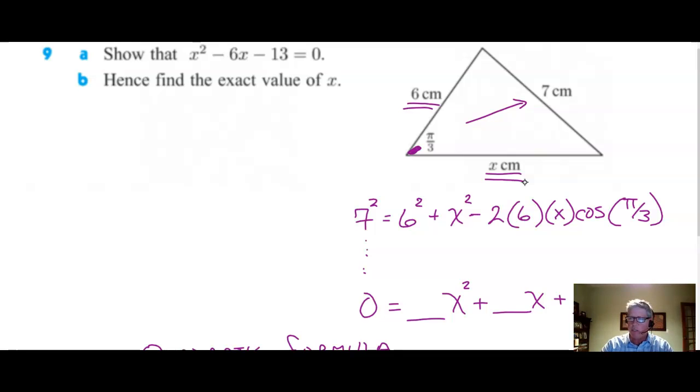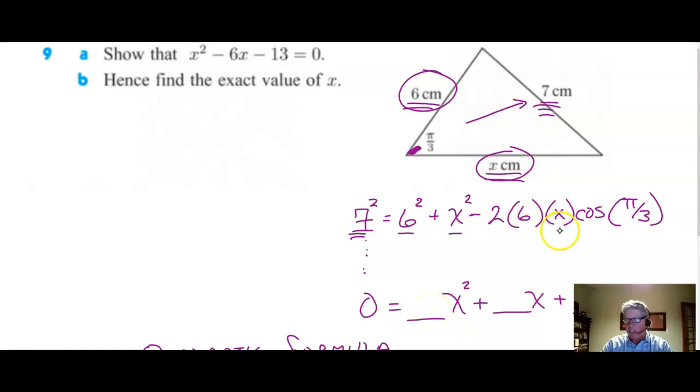We know this opposite side, so this 7 has got to go on the outside right there. And notice what I use for the two sides. I use 6 and x, just like what I have. I have a 6 and an x. When I plug this in, yeah, it doesn't look that nice, but guess what? I can multiply, I can add, I can subtract, and I'm going to get something x squared.